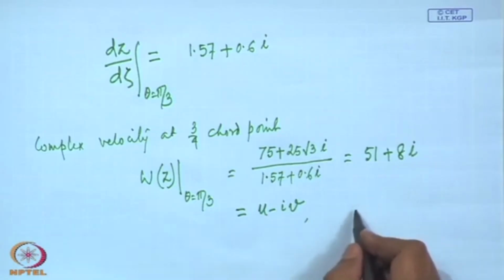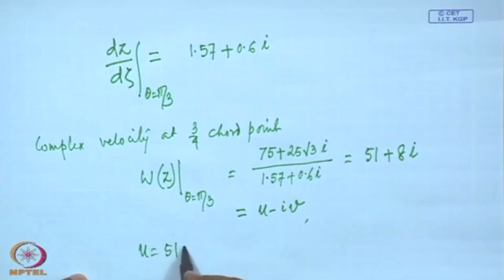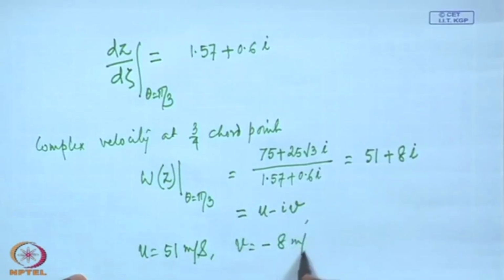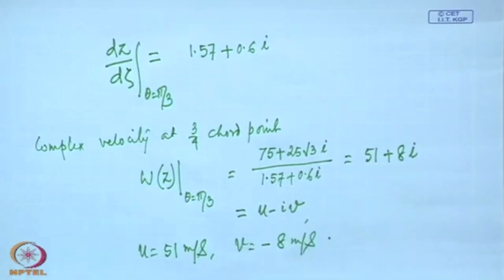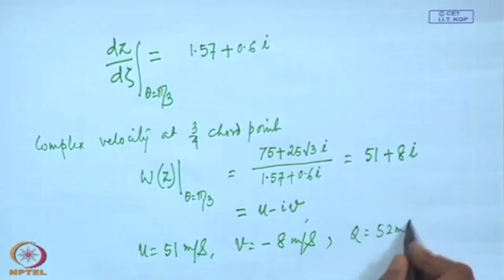So, what we have is u equal to, and the resultant speed is of course about 52 meters per second. Angle also, if you want the direction of the flow in terms of angle, that also you can find.